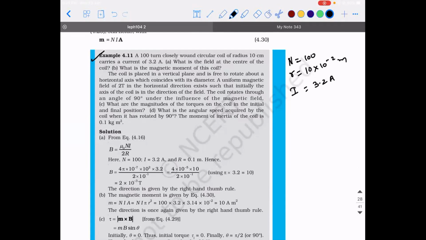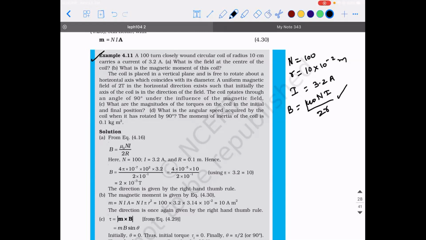What is the field at the center of the coil? B is equal to mu naught N I divided by 2 R. With this you can calculate the magnetic field at the center.